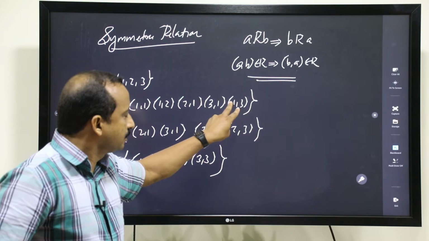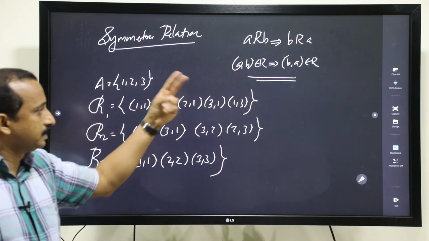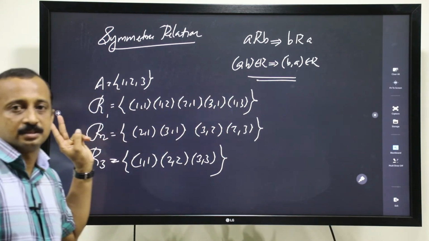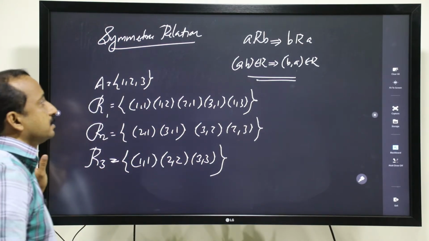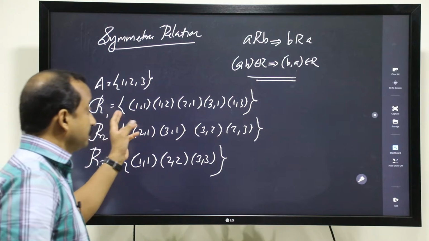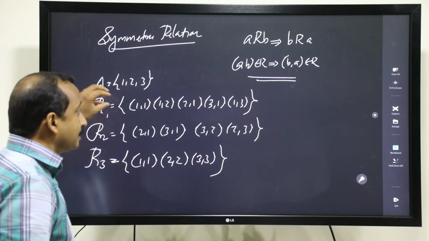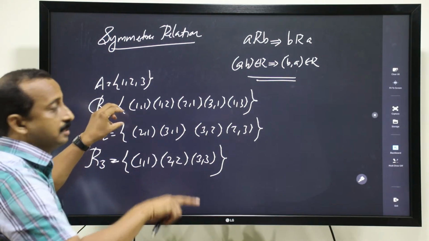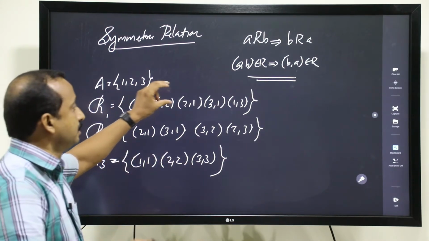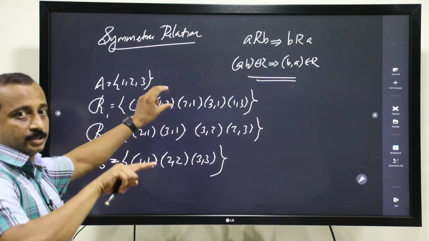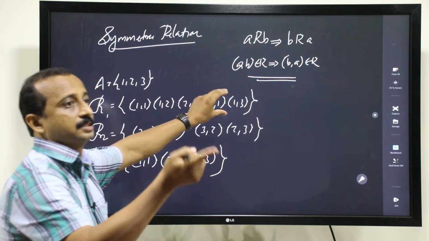Then (1,3) reversed is (3,1), also an element, and therefore given relation R1 satisfies symmetric condition. Here the complete relation contains elements in the reverse order, check here.